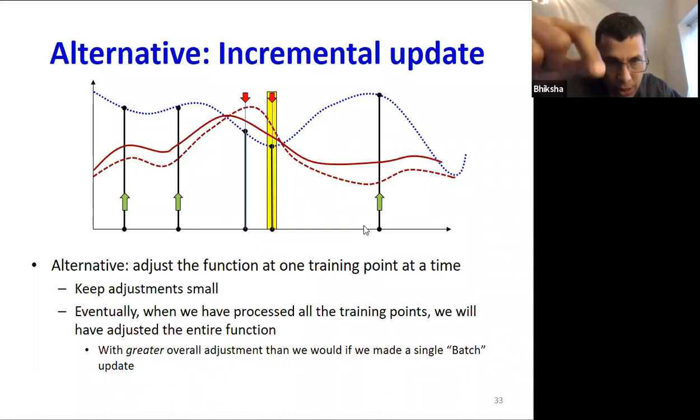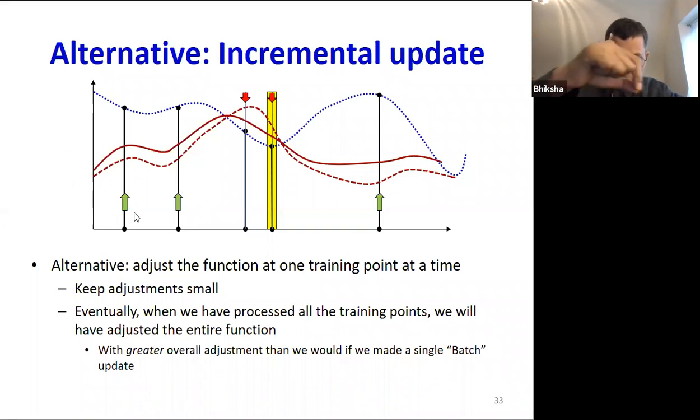And so we begin doing this online process where you can pick a point, adjust it there, pick another point, adjust it there, and so on. And the hope is that when you're done with all of the training data, having made one pass over it, instead of just one update, you're going to get as many updates as there are training instances. And of course, remember the handkerchief analogy?